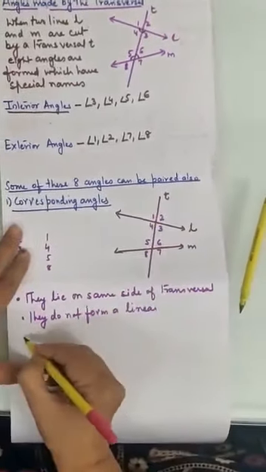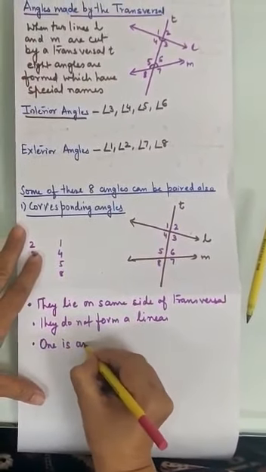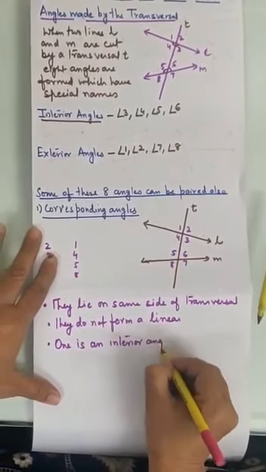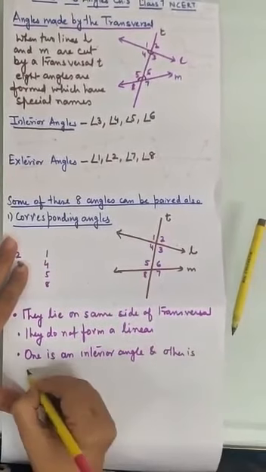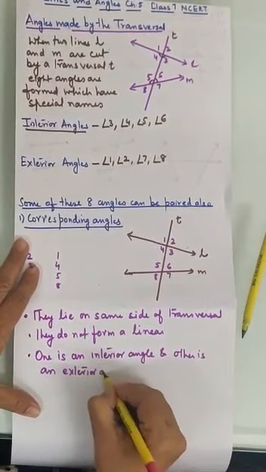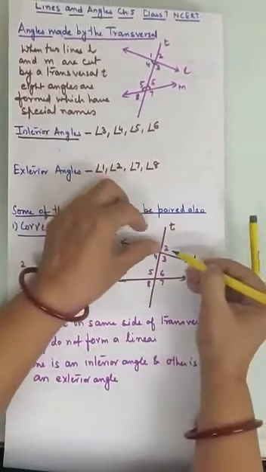Now the third point is, one is an interior angle and other is an exterior angle. Okay, so suppose we take 2.